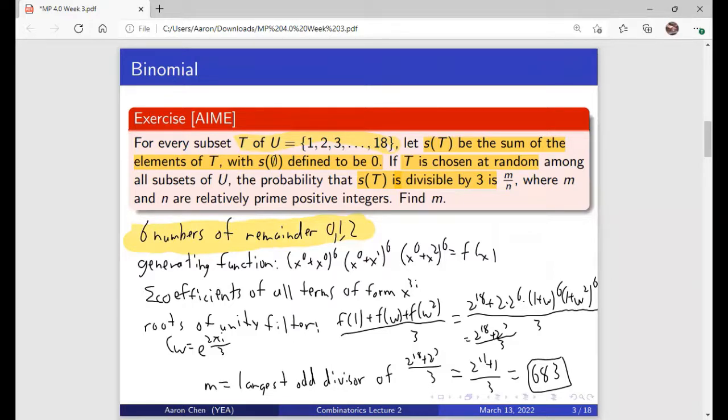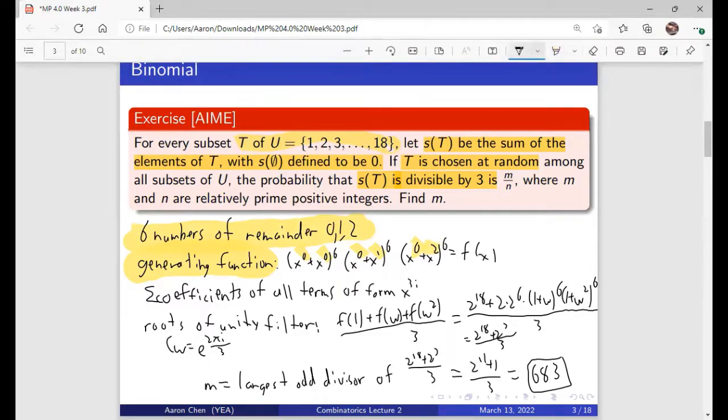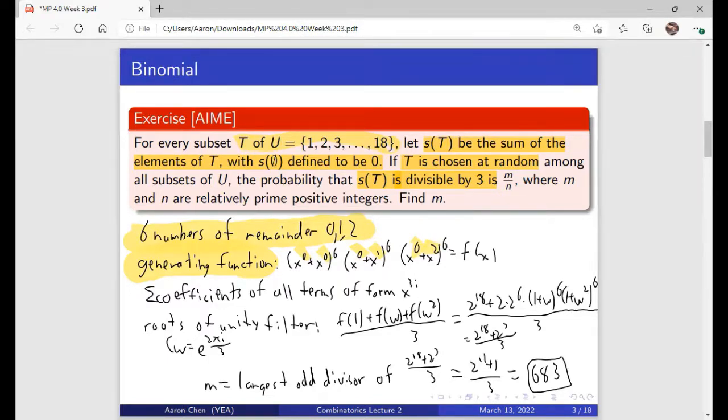Now with this, we can use what's known as a generating function. The way this generating function in particular works is that we look at the exponents. In this first pair, we have x^0 or x^0.